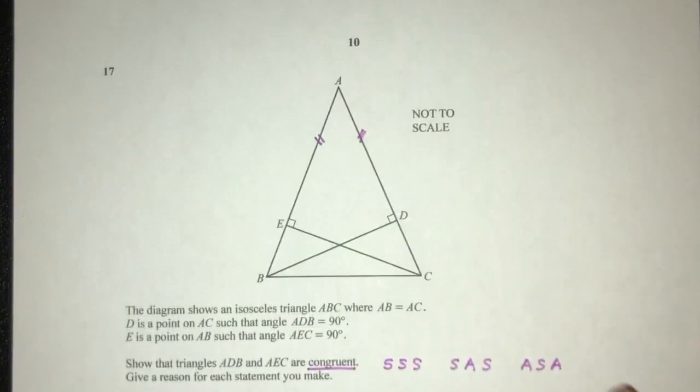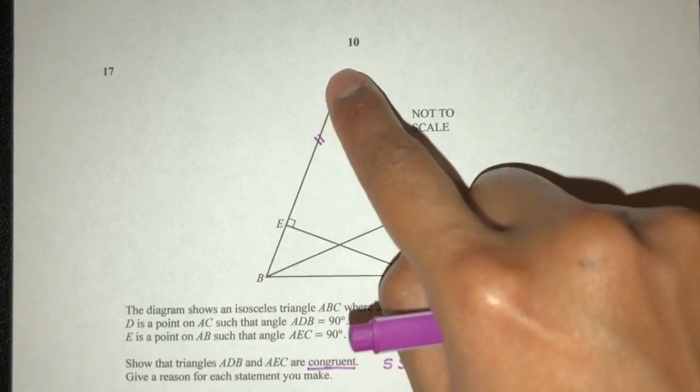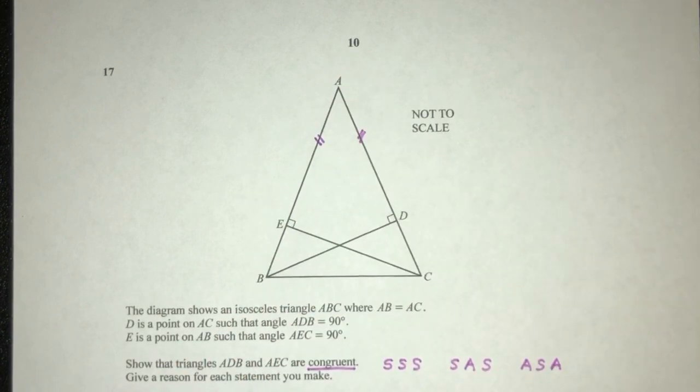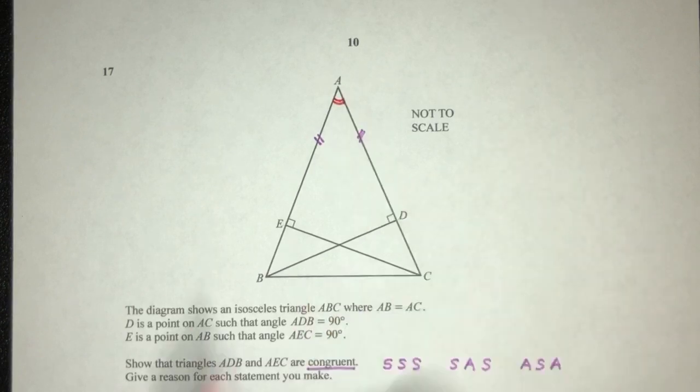If you look at triangle ADB, we have this and this and this. So we have a few things here we can use. Let's think. It seems that both of those triangles have this one, right?